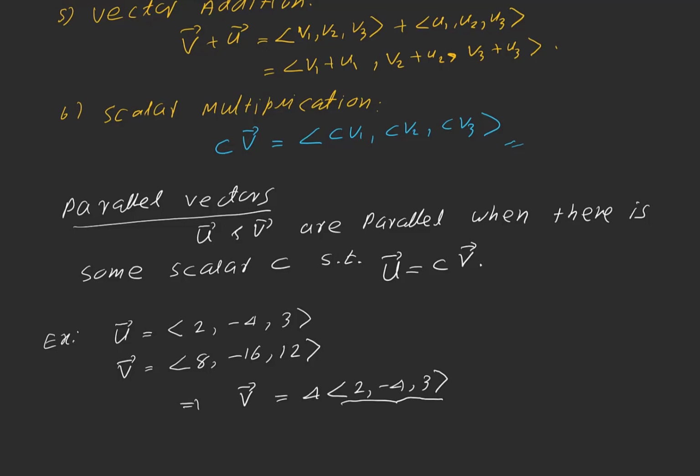This is u, so you can write 4u. Therefore v vector equals 4 times u vector, which is c. By this definition, c equals 4. Therefore we can say u and v are parallel. This is the end of section 11.2.